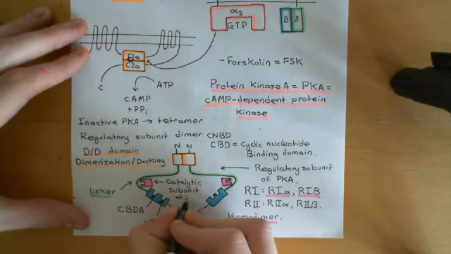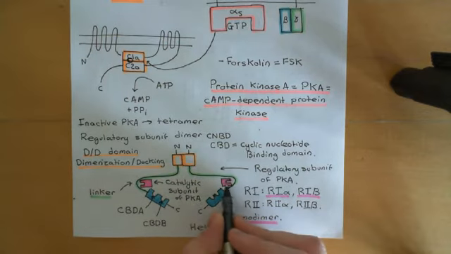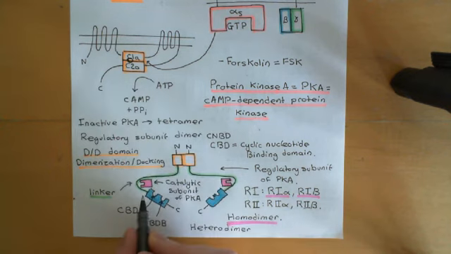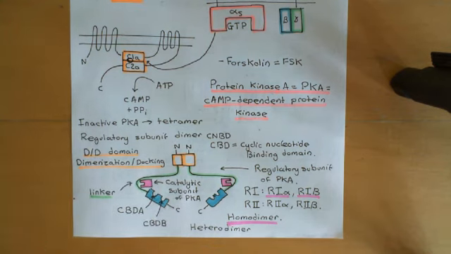You can see the way I've drawn this, I've tried to suggest that the active site is concealed. It's bound to the regulatory subunit, and it's not going to be able to phosphorylate anything when it's bound to the regulatory subunit. These catalytic subunits of protein kinase A are the proteins that can actually add phosphate groups onto serine and threonine residues in other proteins. These are the serine-threonine kinases.